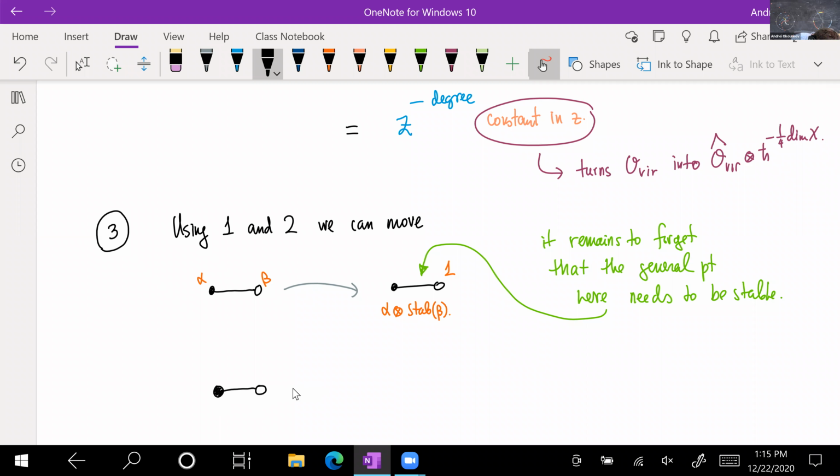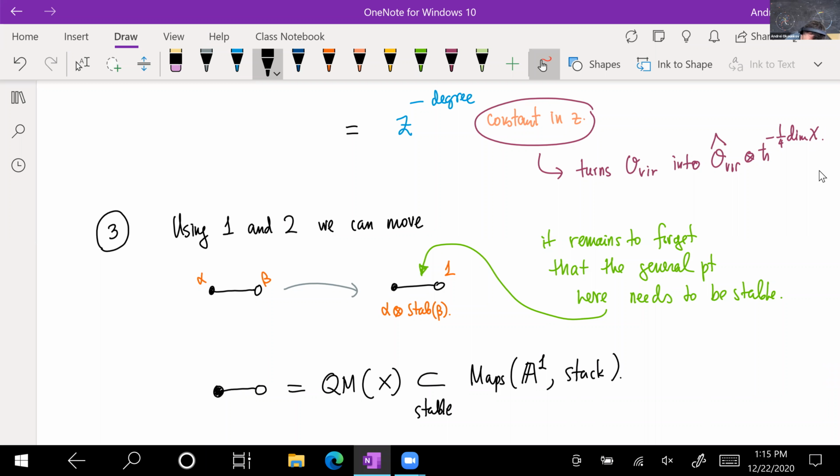This is an open set, so these are some kind of quasi maps to X, and it's some open set. These are the stable locus inside the maps from my A1 to the quotient stack. Right?